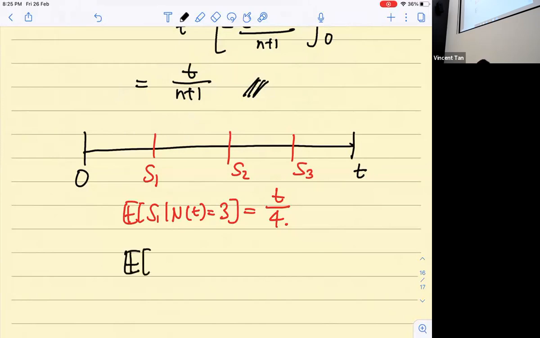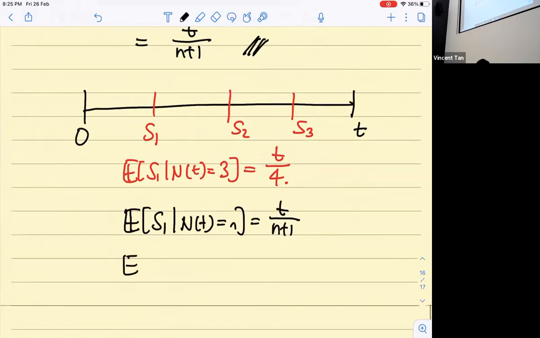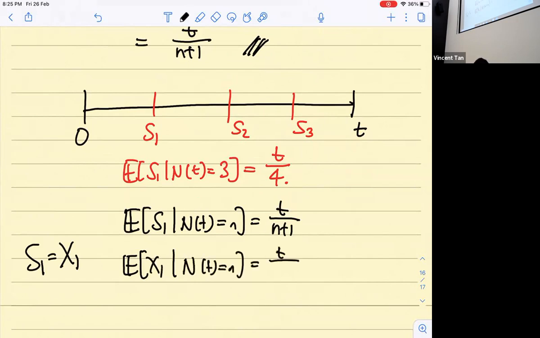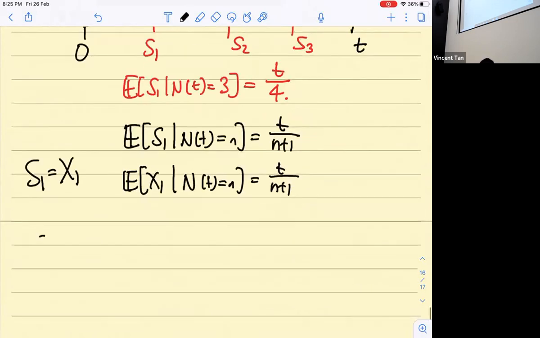So we know that this is true. So expected value of S1 given NT equal to N is equal to T over N plus 1. We proved this. But S1 is exactly X1. Right? So we can do the following. Same thing. So now I'm interested in SK, where SK is the sum of Xi, the kth arrival epoch.